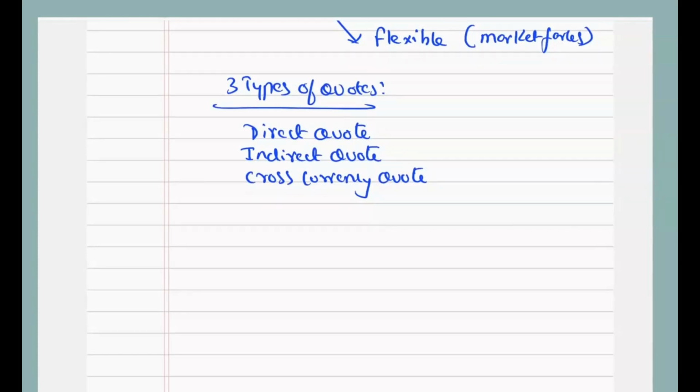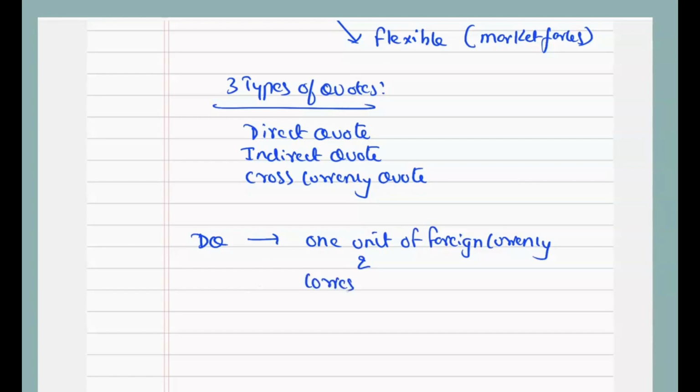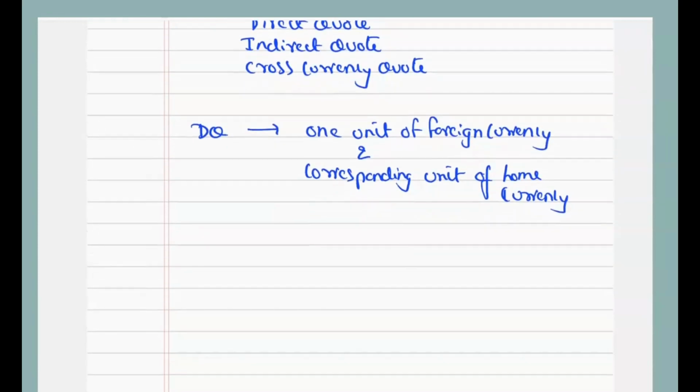When we talk about the direct code, I put it as DQ. Direct quote is one unit of foreign currency and the corresponding unit of home currency.